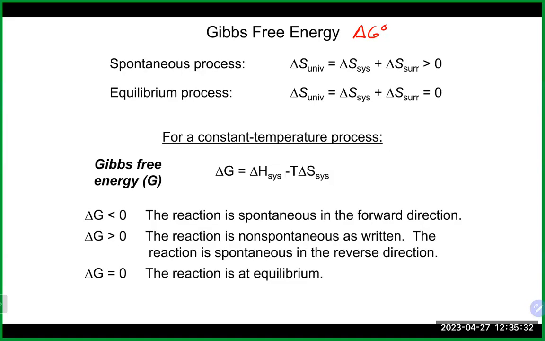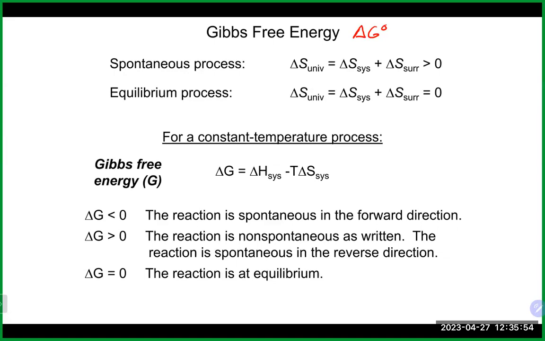If we're at an equilibrium process, it will equal 0. And that's because at an equilibrium process, things are going forward and reverse at the same rate. That's why they reach equilibrium, which means, as we talked about, everybody gets locked into place, which means overall there's really no change happening, because it's just going back and forth at the same rate.